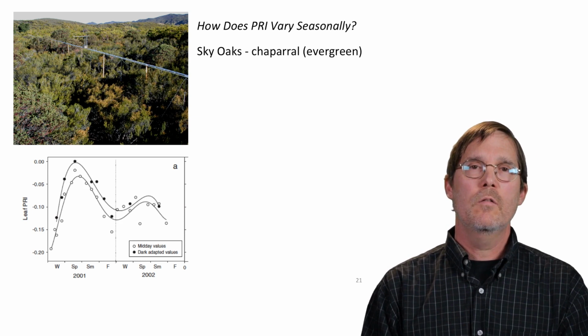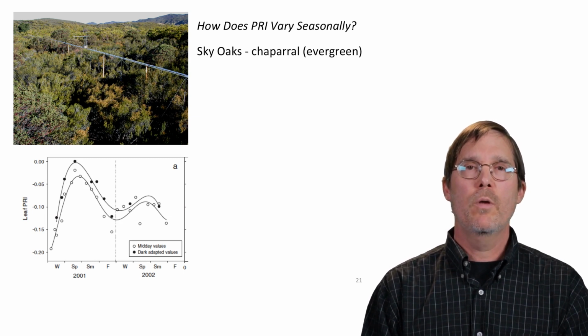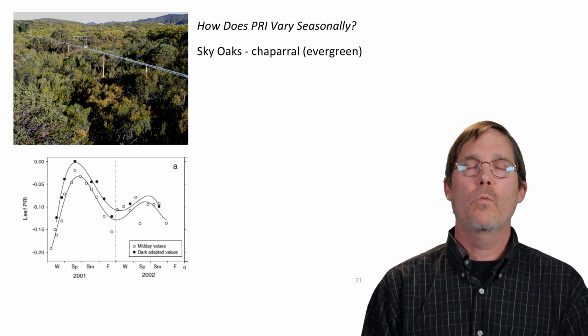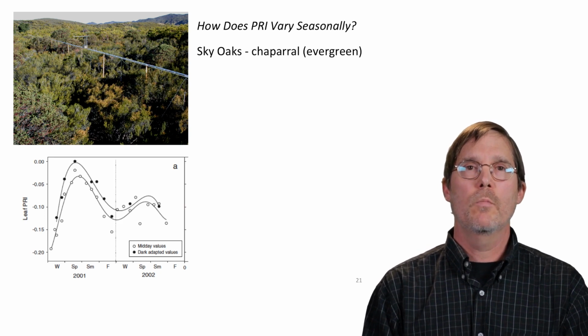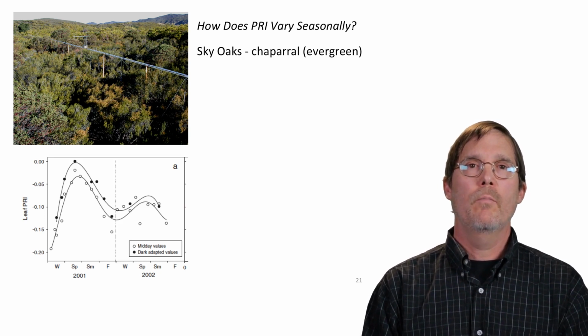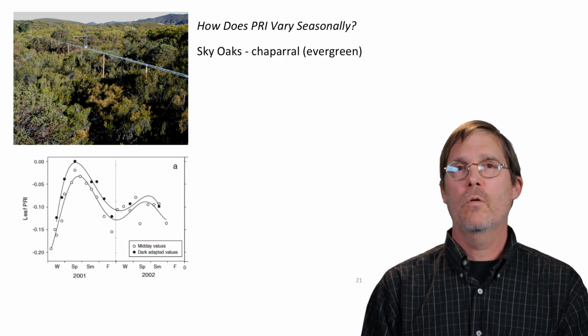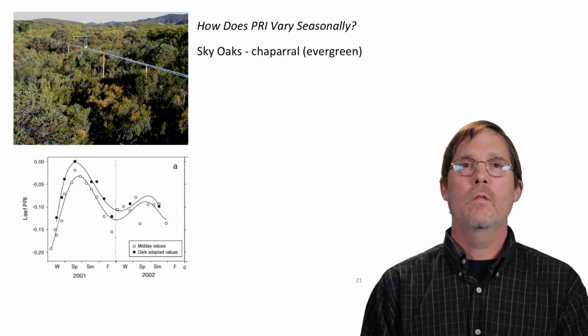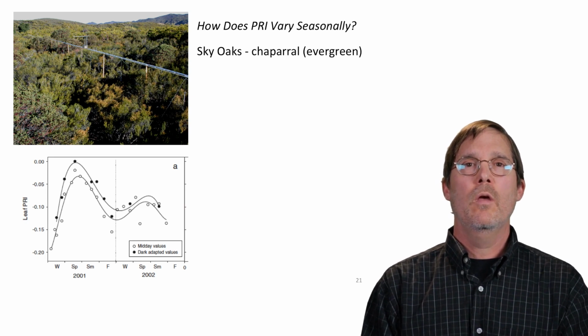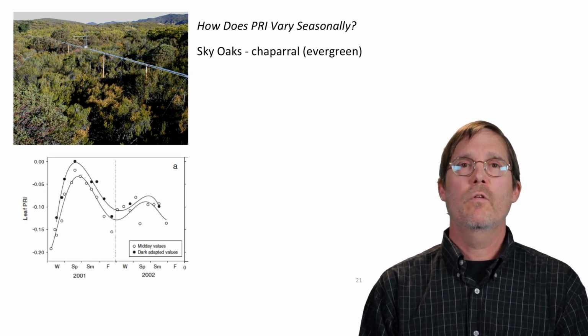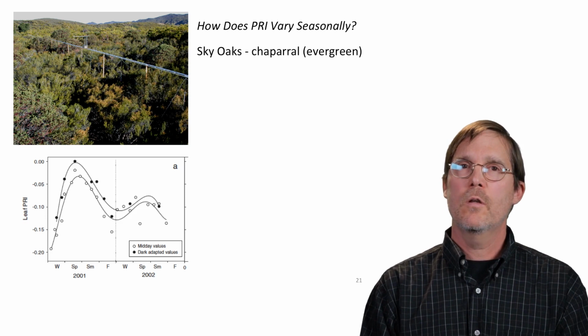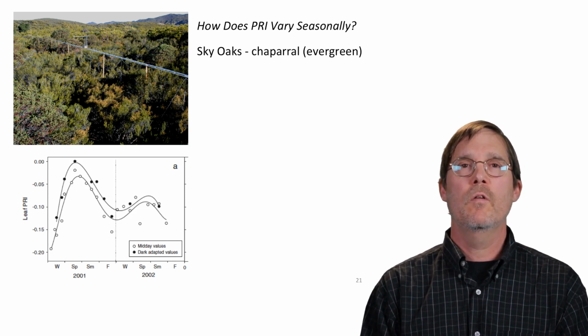And you can see a seasonal change in the leaf PRI, which corresponds to what we saw with the whole canopy measurements in the TRAM. And you see two lines. One is the measurements in the dark state in the morning. The other is measurements at midday in the light state with the open symbols. And you see a subtle difference from morning to midday, but you see a much bigger difference from the first year to the second year, or from season to season, winter to spring to summer, for example.